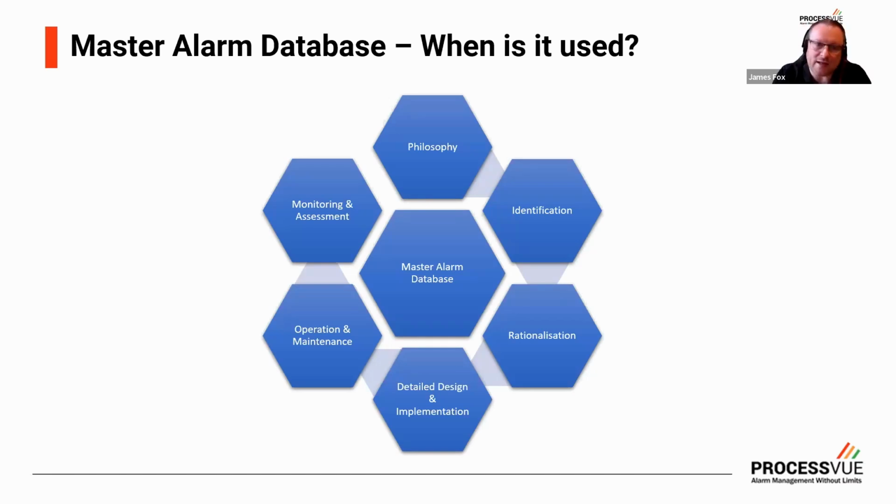And training as well is another part of the life cycle where it can be used, because of all the supporting information, the operator actions, it's a great place to use to create training material for operators to ensure that they are well trained with regards to the responses that they take to the alarms. So as you can see, the master alarm database brings value all throughout the alarm management lifecycle.